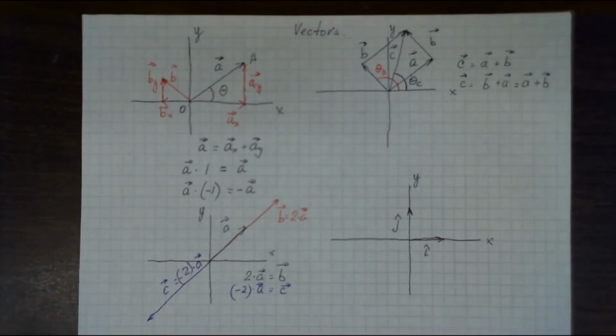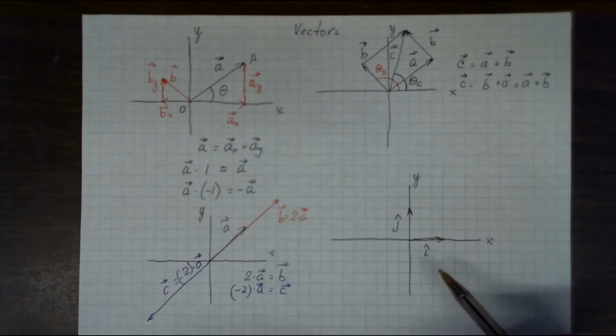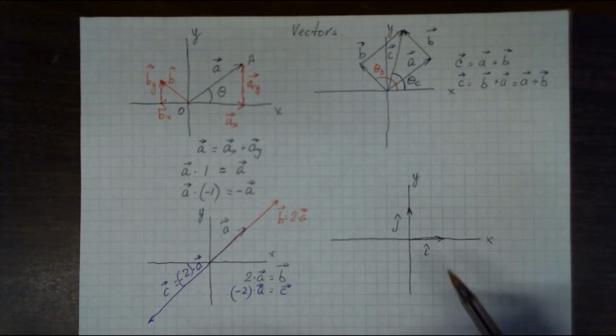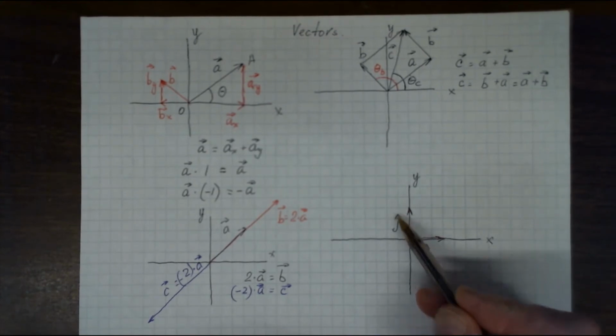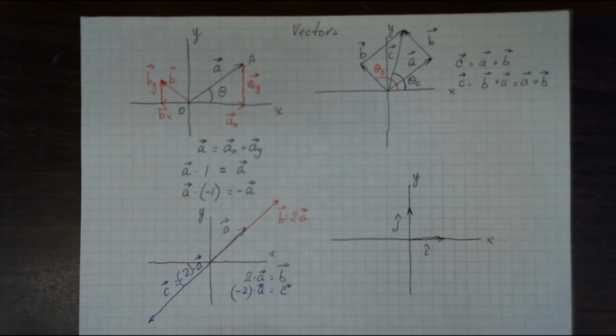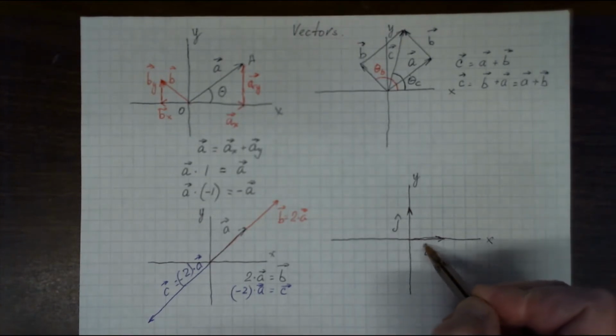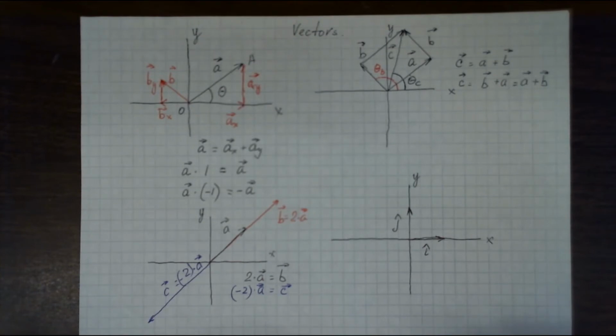Those names are given to unit vectors in the direction of positive principal axes by convention. So i and j. A hat instead of an arrow tells me that those are unit vectors.